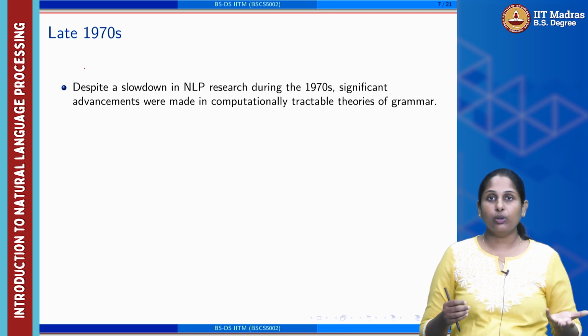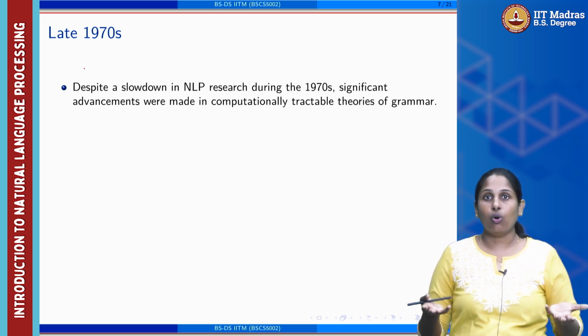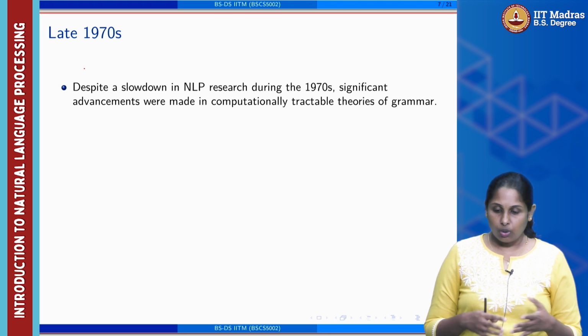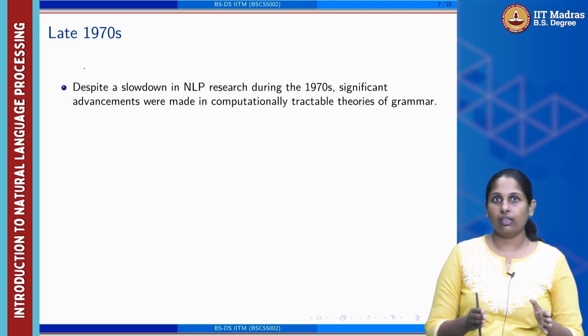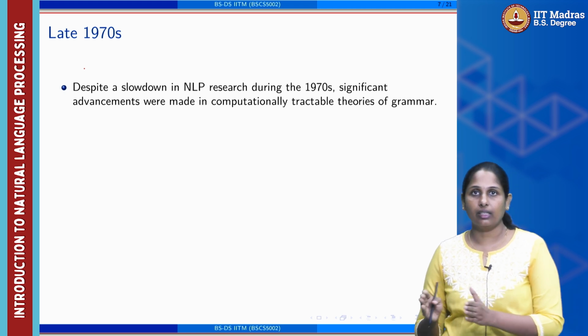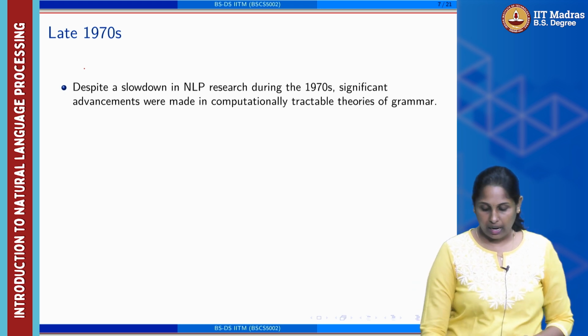So the growth of both computing and linguistics is very important to build a better NLP system. During this halt in funding, a significant advancement actually happened in the understanding of language grammar.